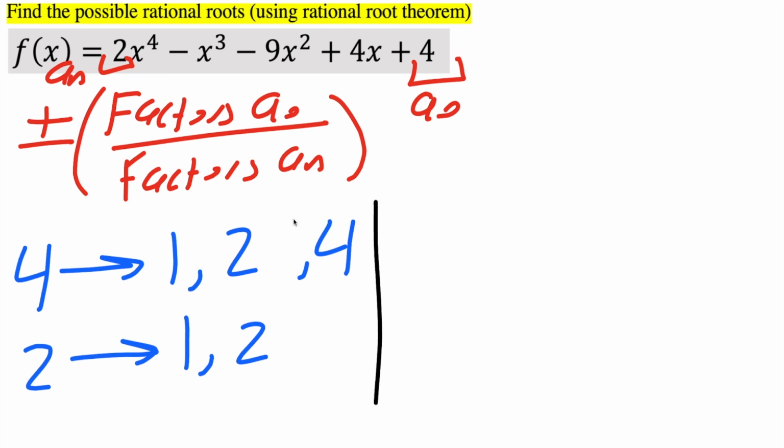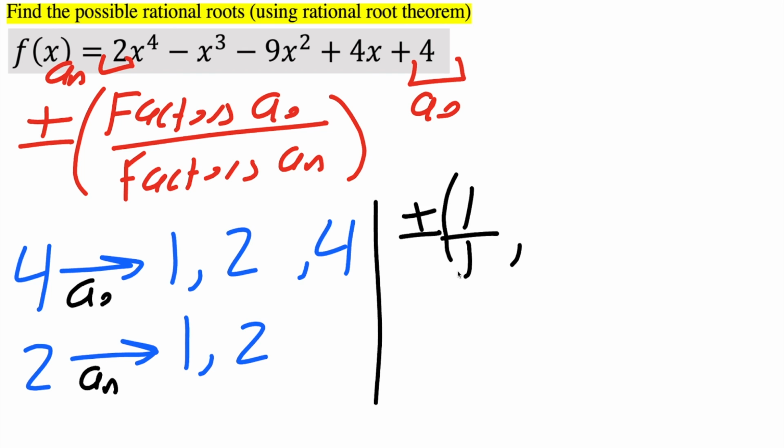Okay, so once we have that, we just use our little formula: plus or minus the factors of a sub 0 divided by the factors of a sub n. One of the a sub 0 values is 1, so you could have 1 divided by a sub n. A sub n includes 1 and 2, so 1 divided by 1, that's one answer, comma.